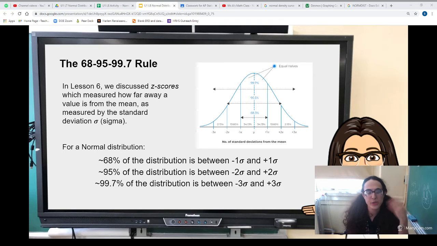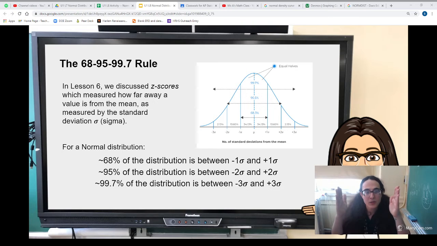That 2/3 is a very rough way of expressing it. It's closer to about 68%. As you can see here, a little more accurately, it's about 68.3%. But 68 is how most people remember it.